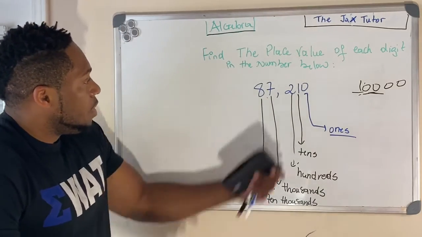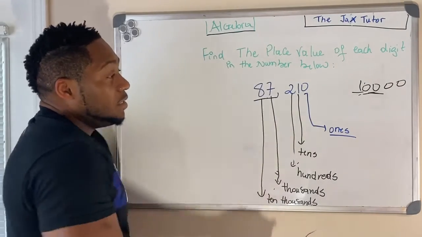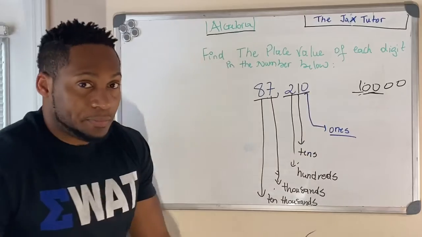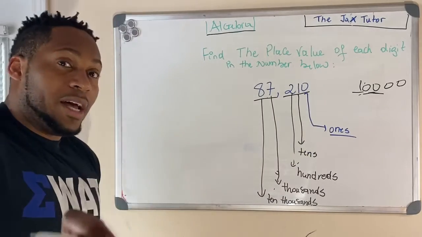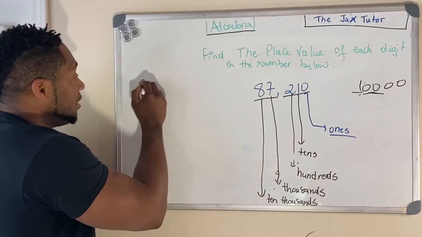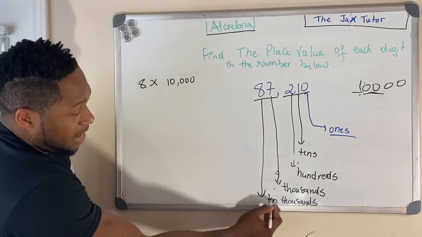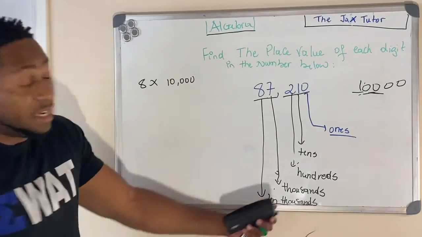So we're going to call this number 87,210. What that tells us is, for the 10,000s place value, there's 8 of them, 8 times 10,000.